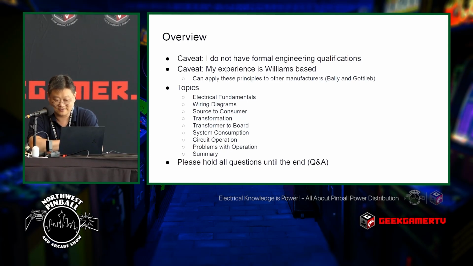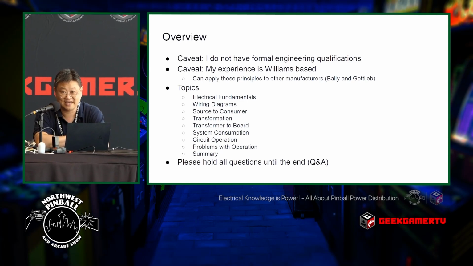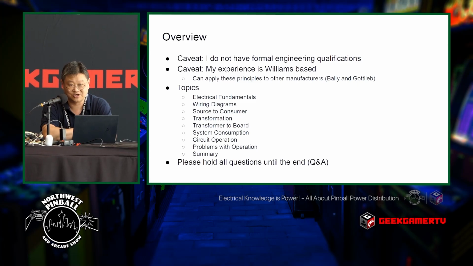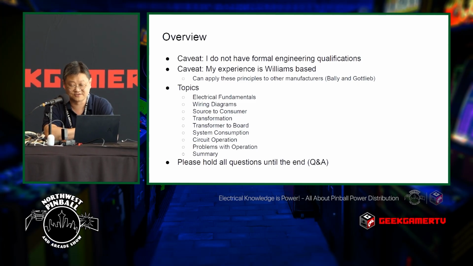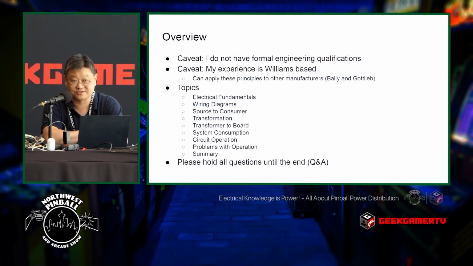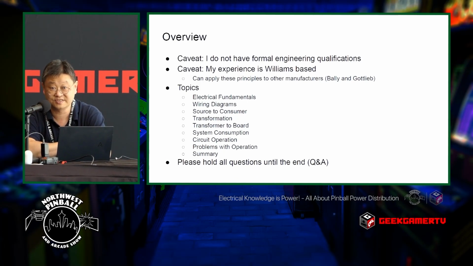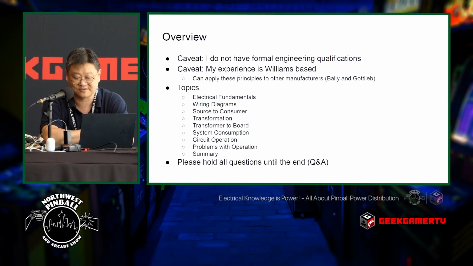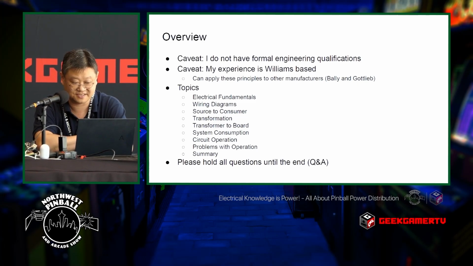Source to consumer, that is a subtopic from how the power is generated from the grid and it ends up in your home. Transformation, that covers how the power enters from your home and gets transformed within the machine. Transformer to board is outputs from the transformer to the boards, and there are all sorts of different voltage levels, as you'll see.